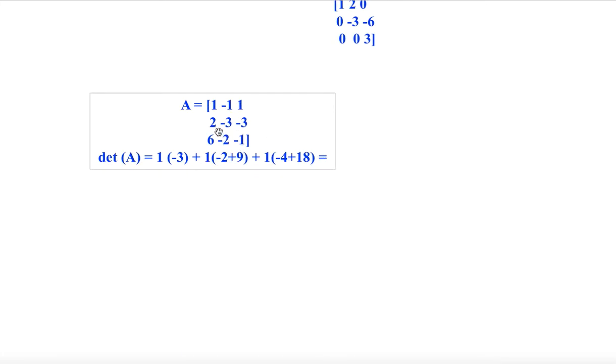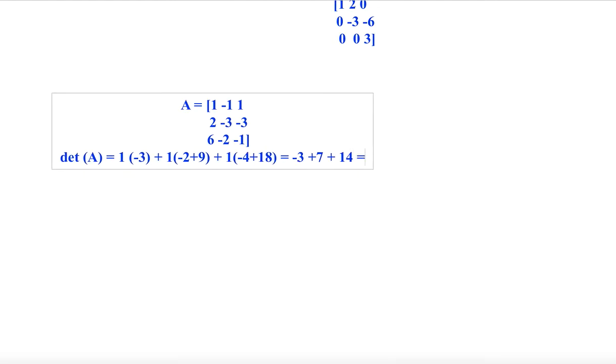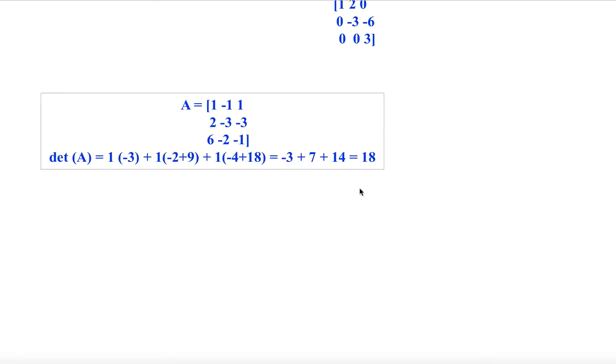Plus 1 into minus 4 plus 18, that is correct. So minus 3 plus 7 plus 14 equal to, yes, only one negative, right, 21 minus 3, 18. So this is the determinant, that of A is not equal to 0, so this is not a singular matrix.